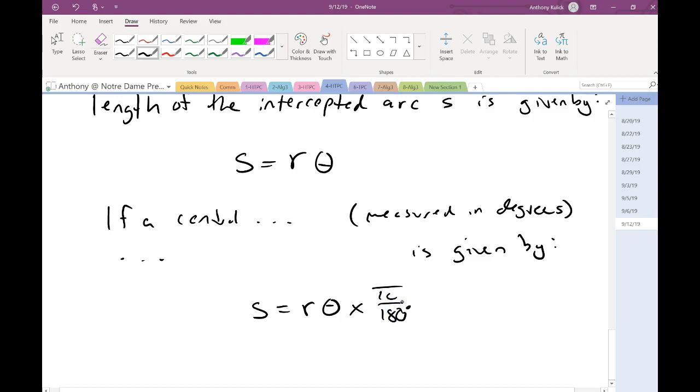So if I multiply my previous formula for an angle measured in radians by pi over 180, that'll convert this, and we can just say that this is pi r theta over 180.